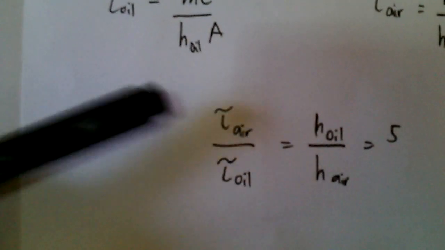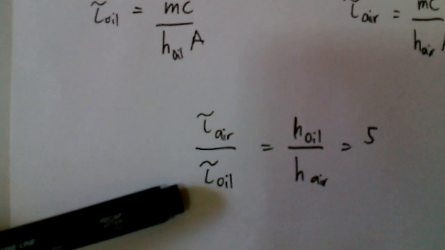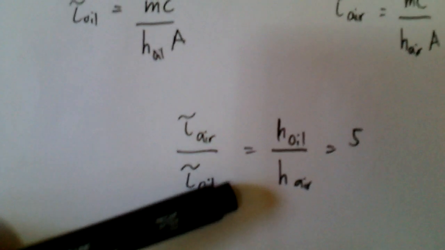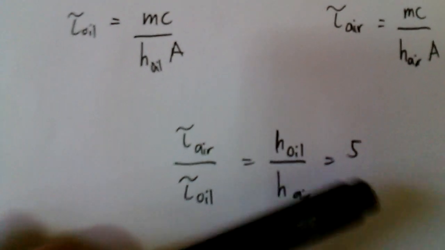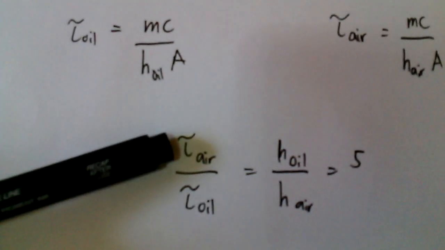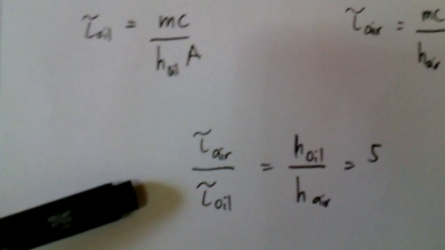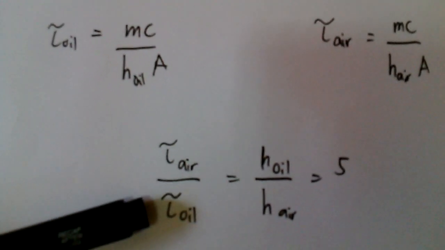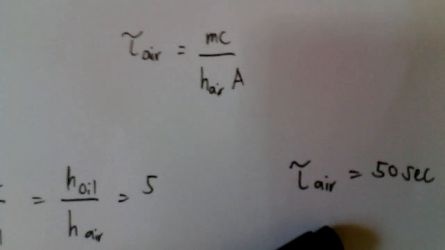So tau of air over tau of oil equals h oil over h air, which equals 5. So tau of air equals 5 times the time constant of oil, which is 10 seconds. So 10 times 5 gives tau air equals 50 seconds.